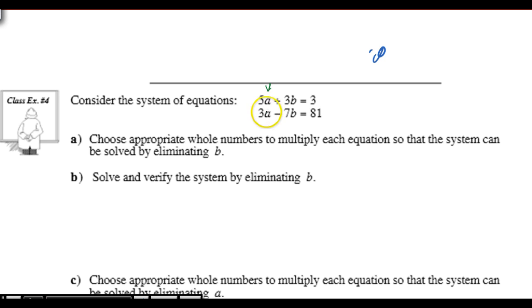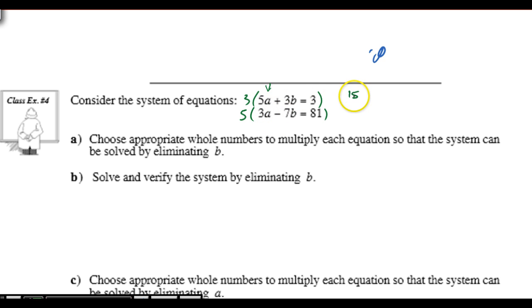So what will make this the same? Well, there's one simple way to do it. You just find the lowest common multiple between the 5 and the 3, and in this case that's going to be 15. So I'm going to multiply the top by 3 and the bottom one by 5, and what that's going to allow me to do is get both of the a terms to be the same.